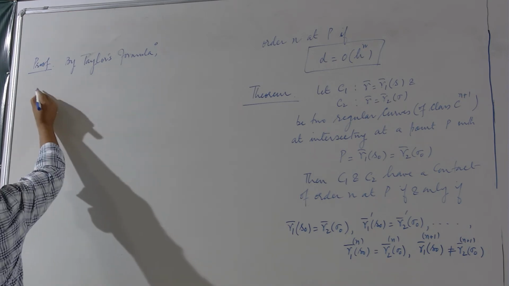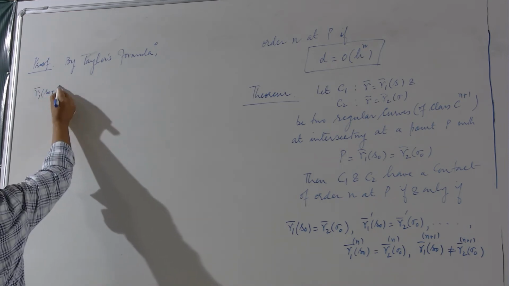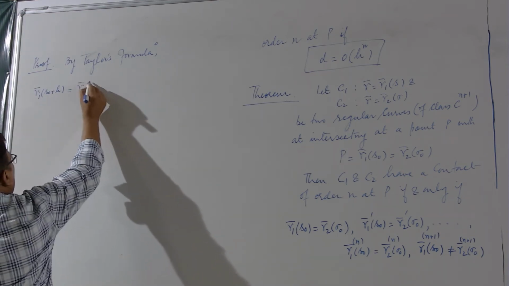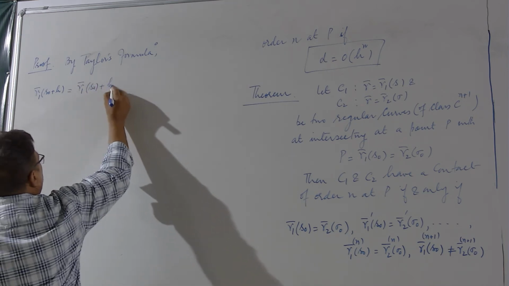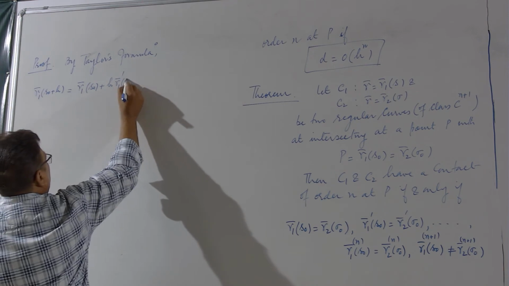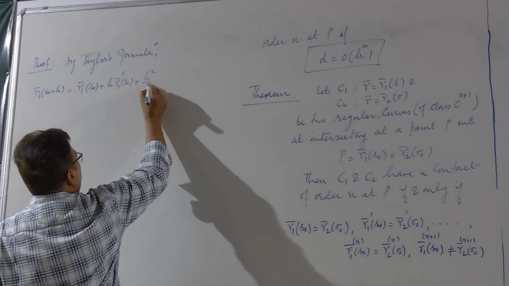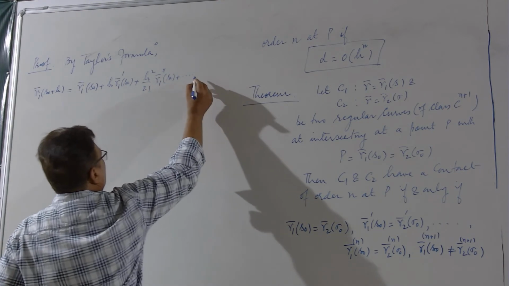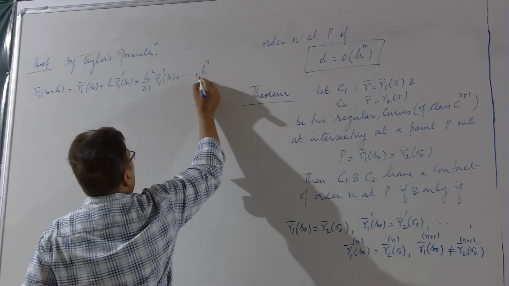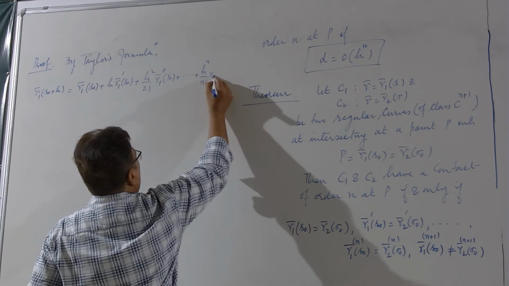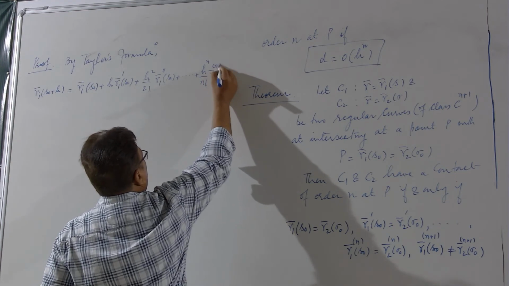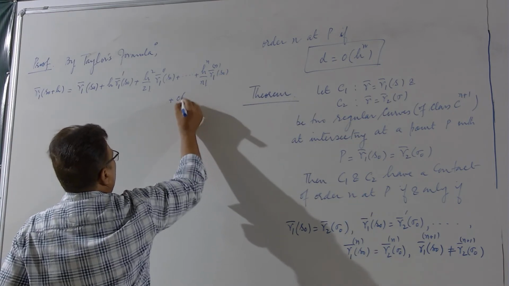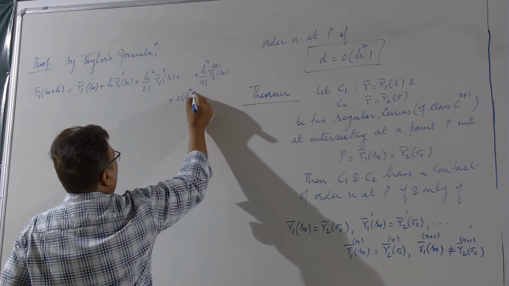I can expand r1(s0 + h). This will be equal to r1(s0) plus h times r1'(s0) plus h square upon 2 factorial r1''(s0) and so on, and then h to the power n upon n factorial r1 nth derivative at s0, and there will be more terms, and they will be terms of the order of h to the power n.